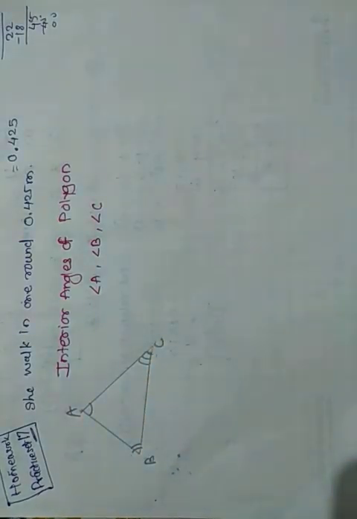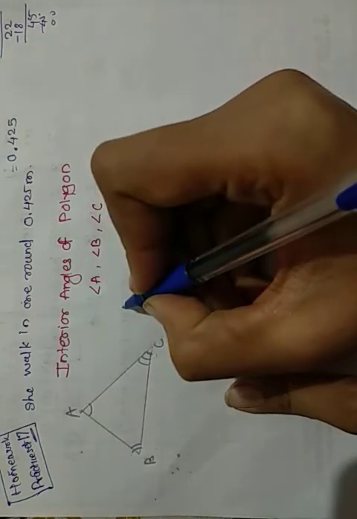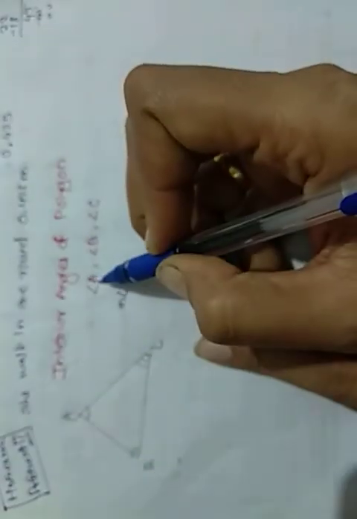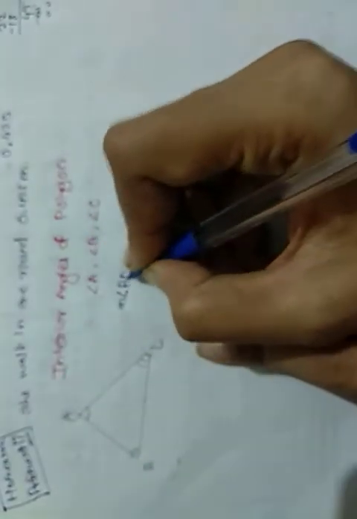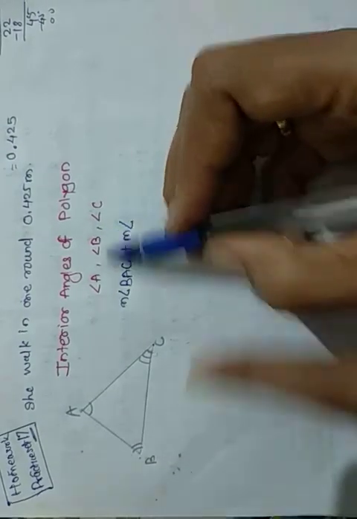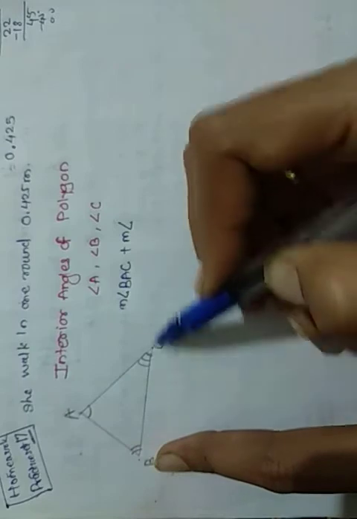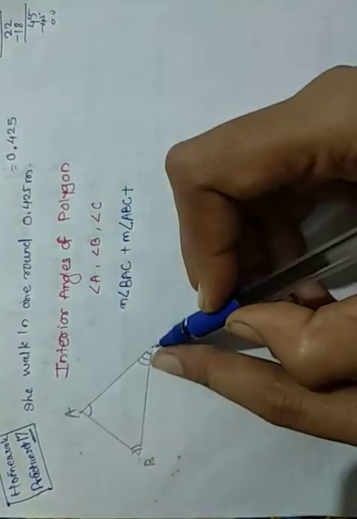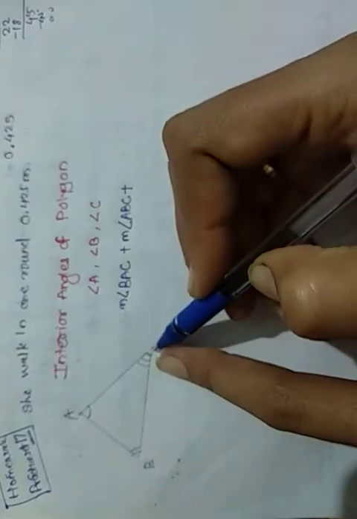Now we can write these angle names with three letters: the measure of angle BAC means angle A, plus the measure of angle ABC means angle B, plus angle ACB means angle C.